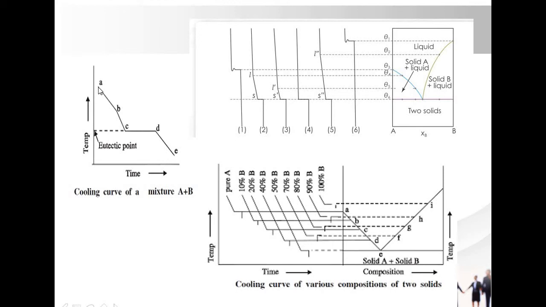In short, we can say that at A, both X and Y, both the substances are in molten state. It is allowed to cool slowly, and there is a rapid drop in temperature along the line AB. And at B, one of the solids begins to form, and thereafter the rate of cooling is not so abrupt, or it's getting slowed down. And at the point C, there is a sharp break, which indicates that the eutectic temperature is reached, and thereafter the temperature remains constant.